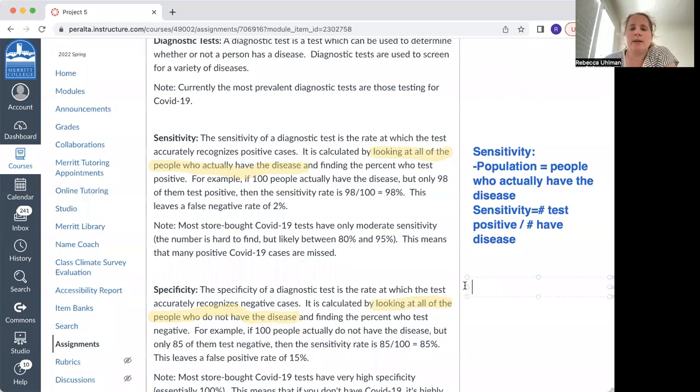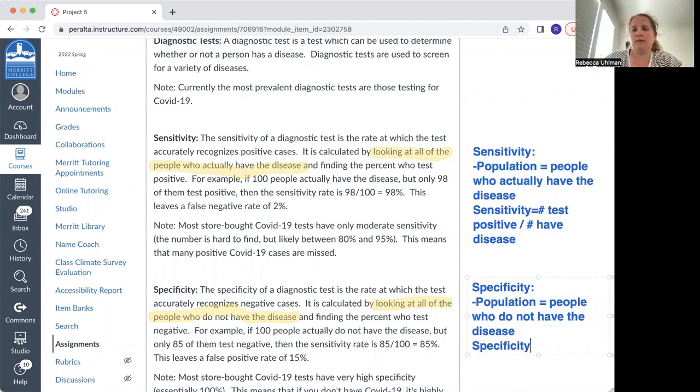So for specificity, the population is the people who do not have the disease. Specificity is the number that test negative divided by the number that do not have the disease.